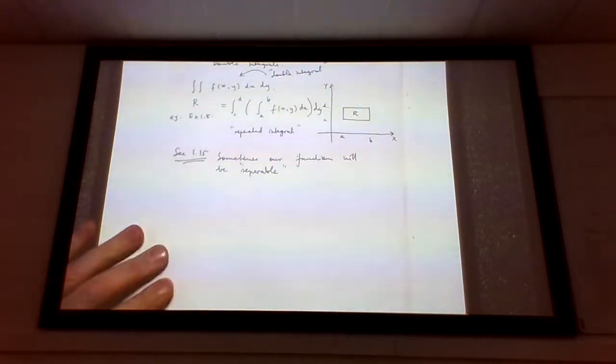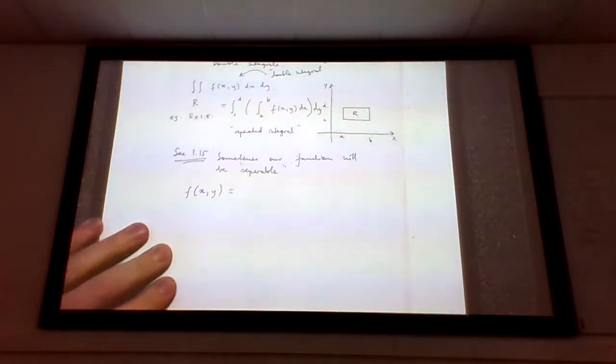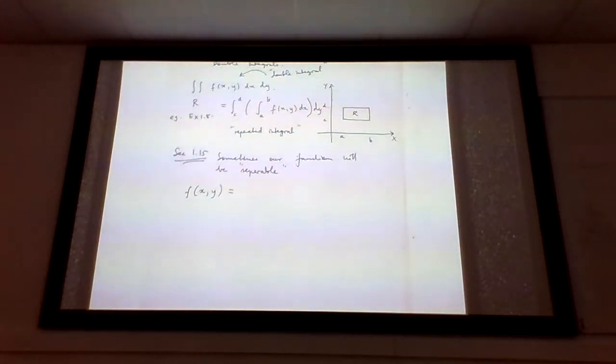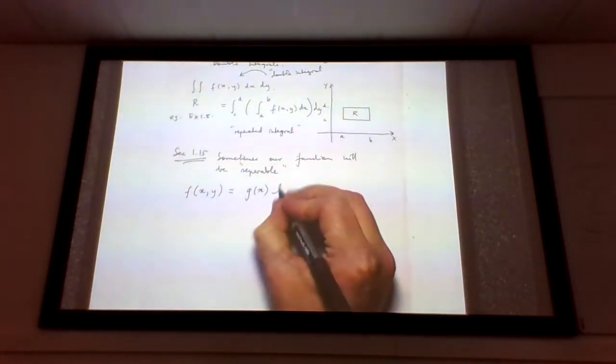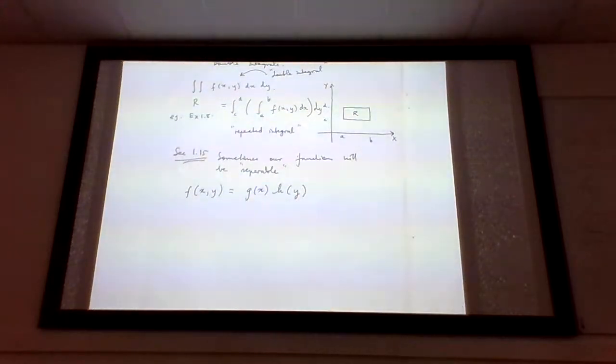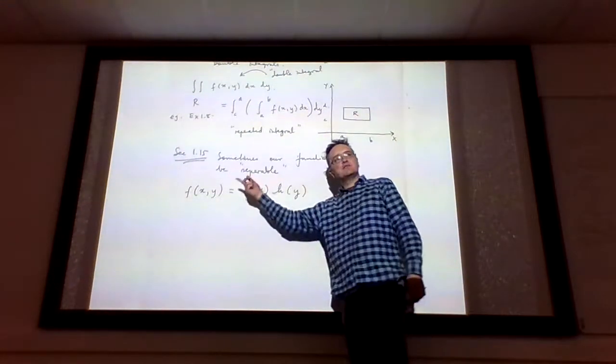In this context, what we mean is that our function, which is a function of the two variables f of x, y, can be separated so that the dependence on x and y are separated into two different functions that multiply together to give the function f. Okay?